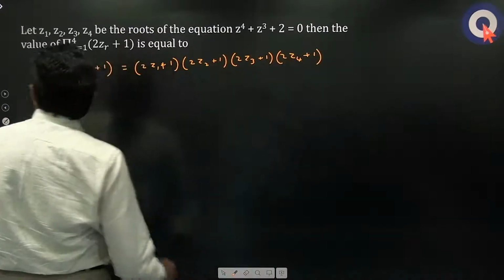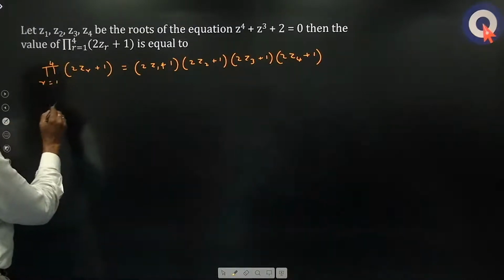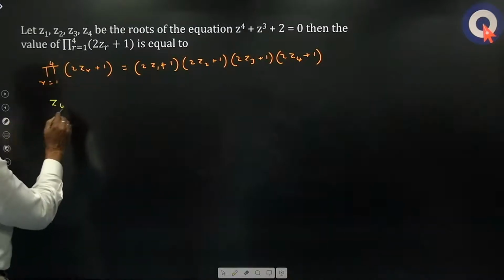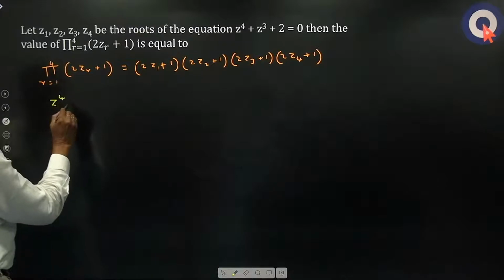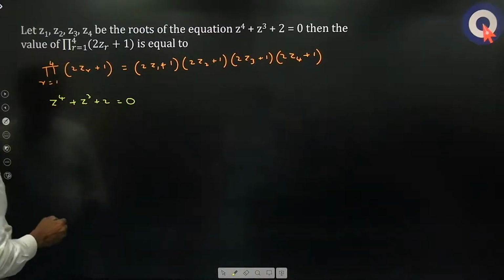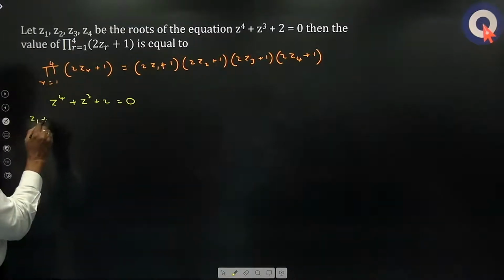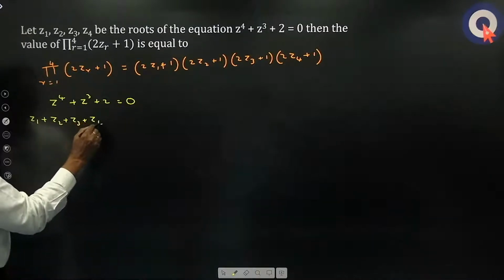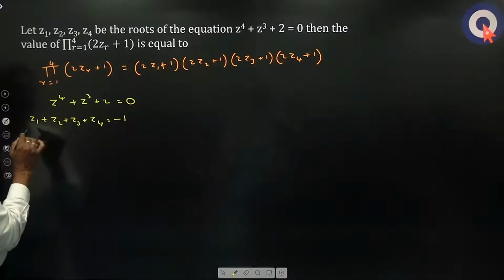All right. The given equation is z power 4 plus z cube plus 2 is equal to 0. For this equation, the sum of the roots, z1 plus z2 plus z3 plus z4, is minus b by a, which is minus 1.